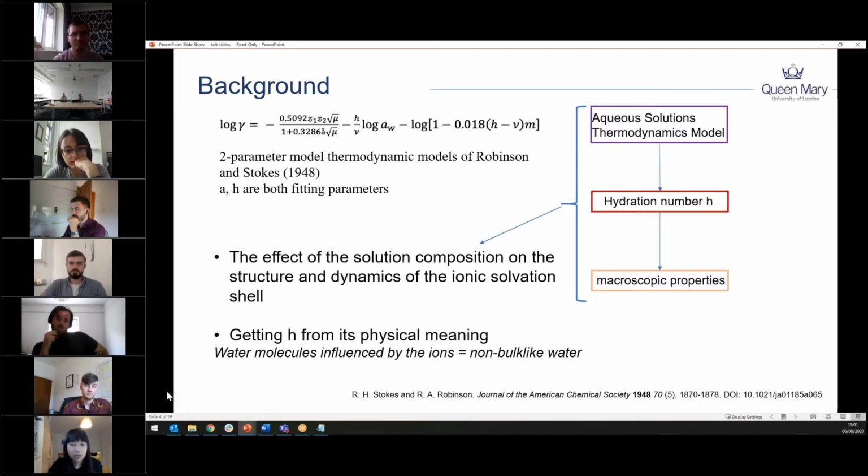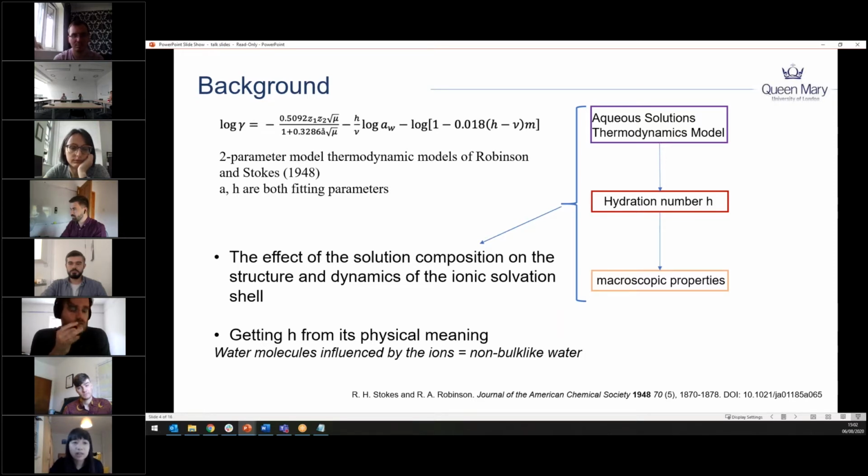In this project, we are going to use molecular dynamics simulations to explore the structures and the dynamics of ionic solvation shells and the interaction between molecules. The aim is to use the physical meaning of H to get the number.